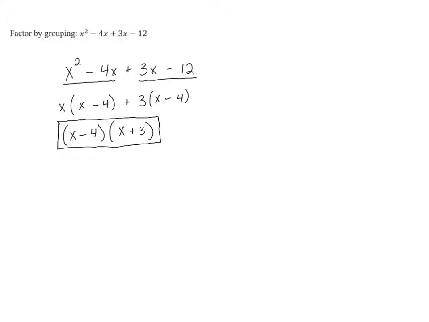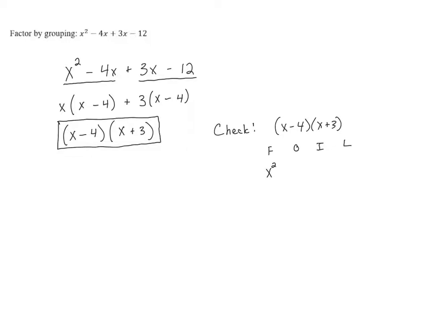Whenever we have a factorization that we want to check to make sure that it's correct, we multiply it out. And in this case, if we want to multiply x minus 4 times x plus 3, we've got a binomial times a binomial, so we FOIL. Let's multiply it out. If we look at the product of the first terms, x times x is x squared.